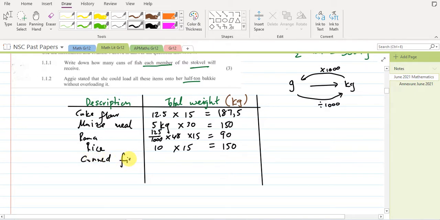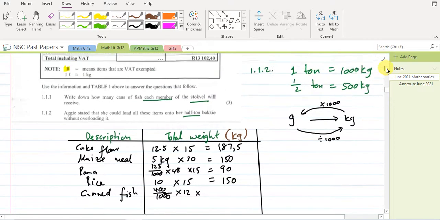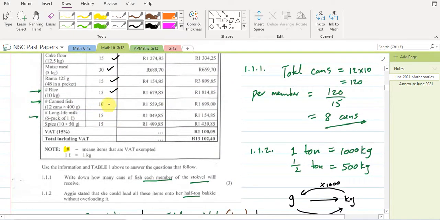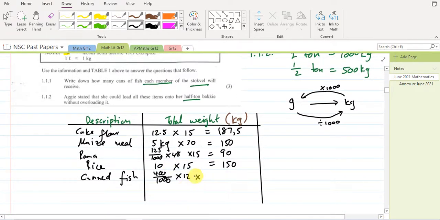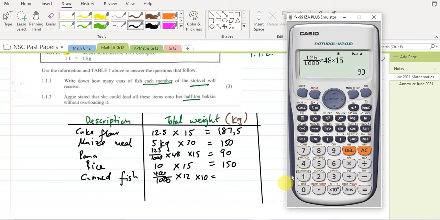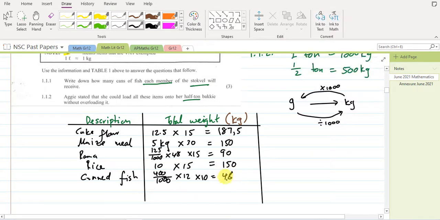So 400 over 1,000, times 12, times 10, because there are 12 in a pack and we're buying 10 packs. If you calculate this, 12 times 10 is 120 times 400 over 1,000, we are getting 48 kg.